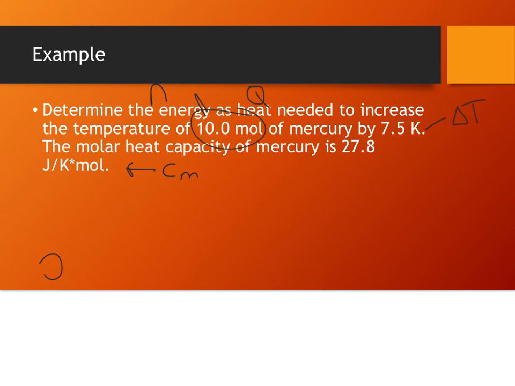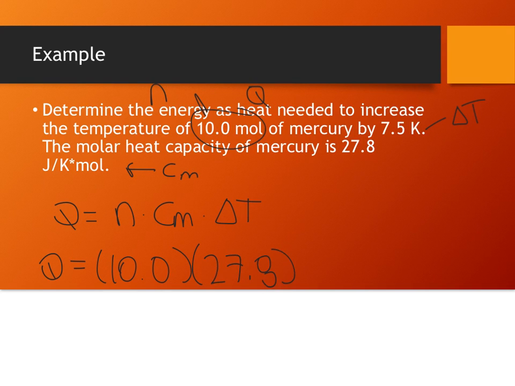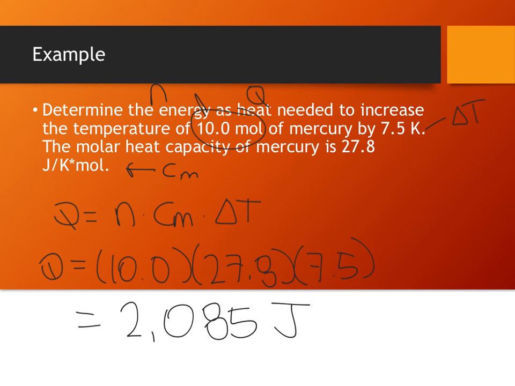All right, so Q equals, just to remind you, n Cm delta T. So we have 10.0 times 27.8 times 7.5, and that equals 2,085 joules. So there you go. It would take 2,085 joules to raise 10 moles of mercury by 7.5 Kelvin. That's basically what we solved for.